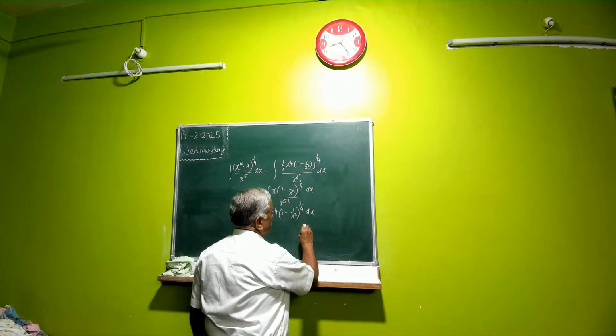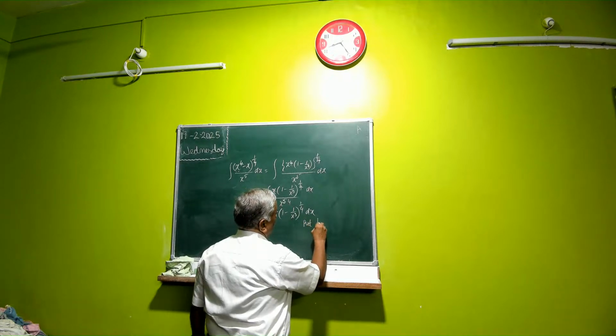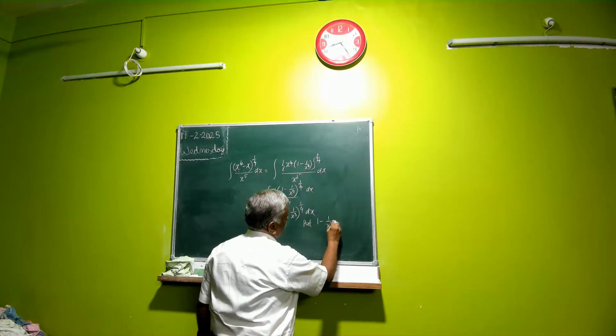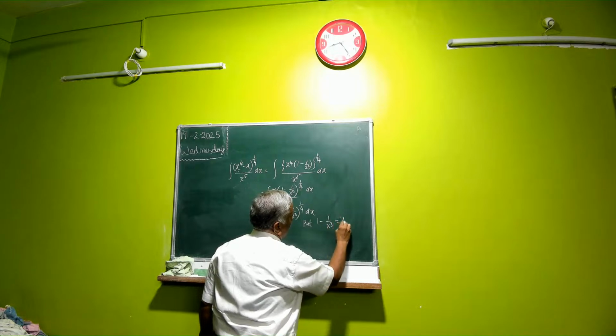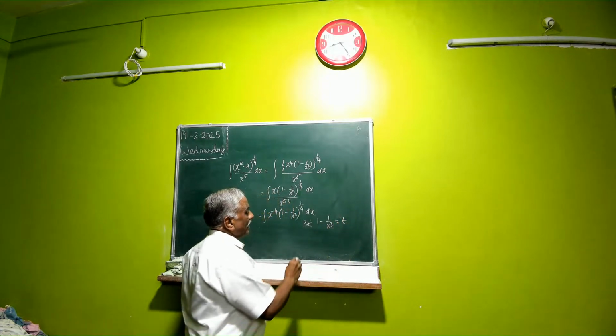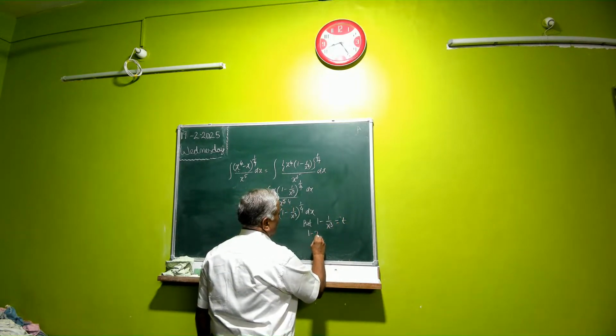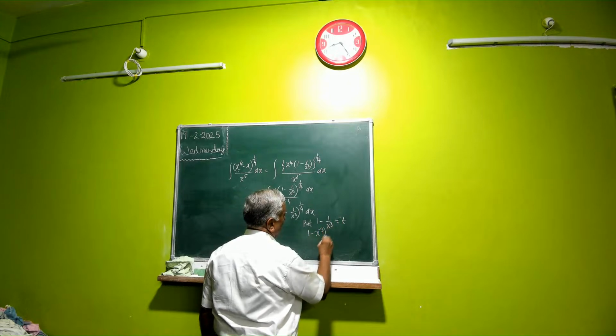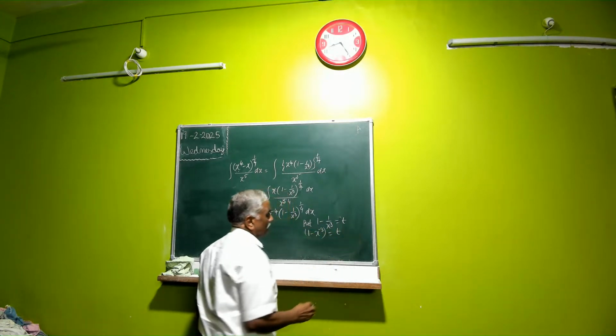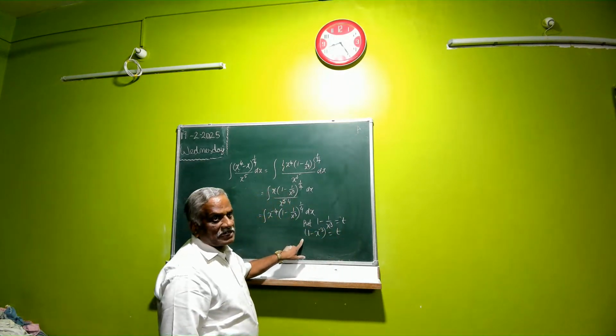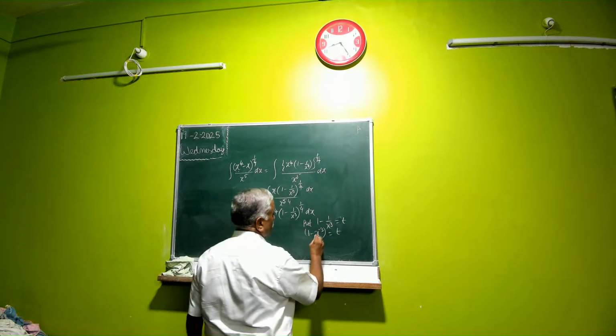Now what we do is put 1 minus 1 by x cube equal to t. You can write it as 1 minus x to the power of minus 3 is equal to t. Differentiating, 1 is 0. What is the derivative of x to the power of minus 3?